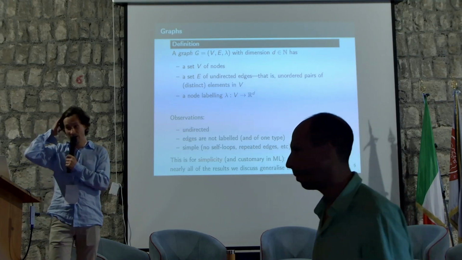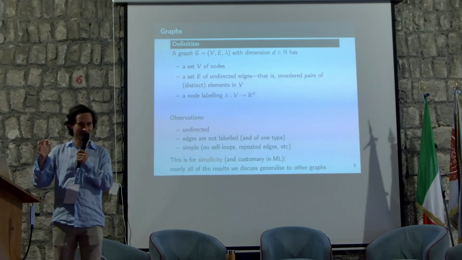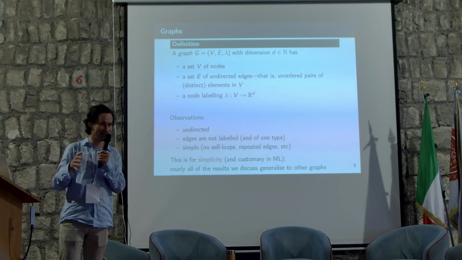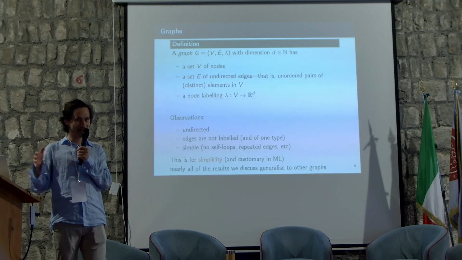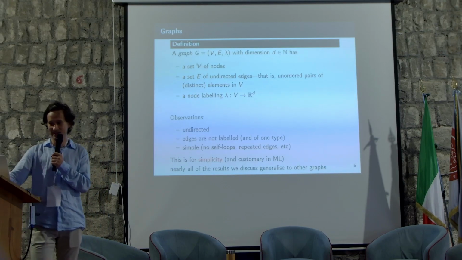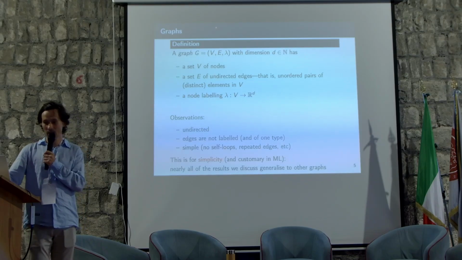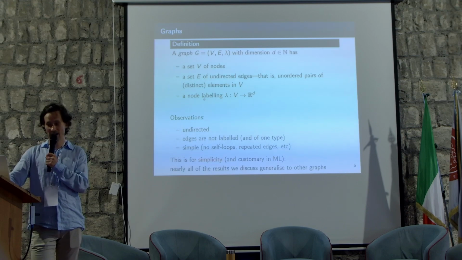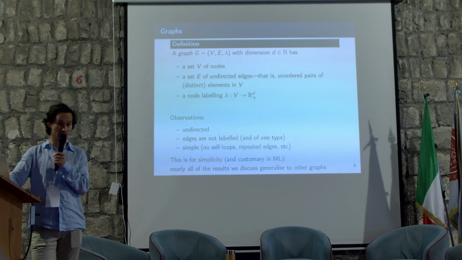Generally, we keep saying graphs, graphs, but we need to fix what a graph is. Apparently, different people mean different things by graph. Of course, they can have common ground, and this is what I try to do here. Basically, it's a standard, undirected graph, not labeled on edges, where each node has a labeling, which is a vector of numbers.